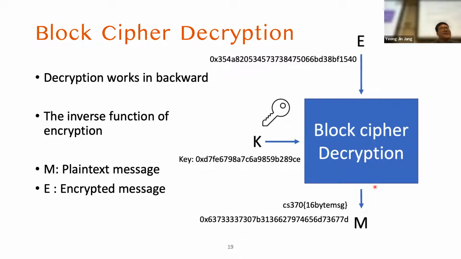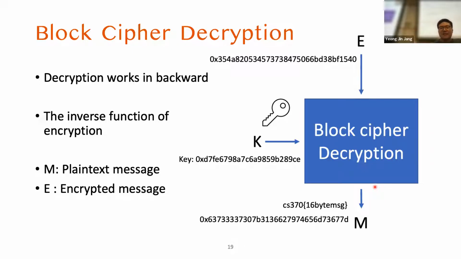So the decryption works in completely opposite. I just told you that a block cipher in this case is, from the 128-bit space, a one-to-one onto mapping, a bijection, to the other set. So it will have the same size, and that means that we could have an inverse function. So the cryptologists designed the block cipher in that way.